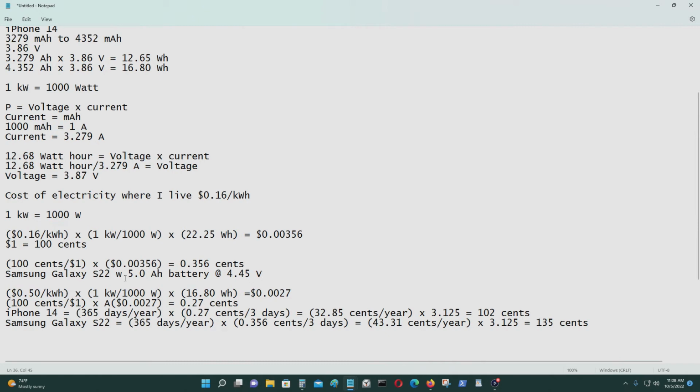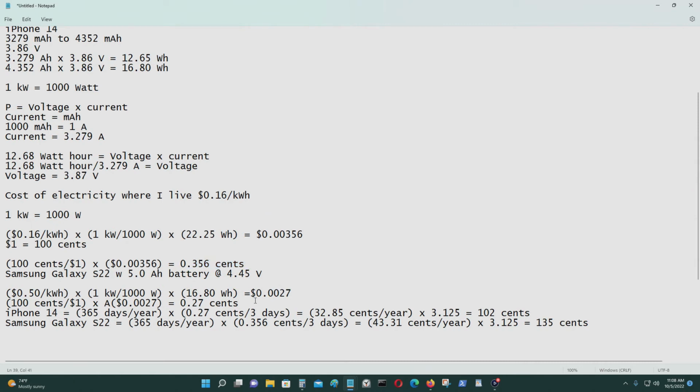The Samsung Galaxy S22 with a 5 amp hour battery at 4.45 volts is going to cost you 0.356 cents to charge it one time, the whole battery. So this is less than a cent.